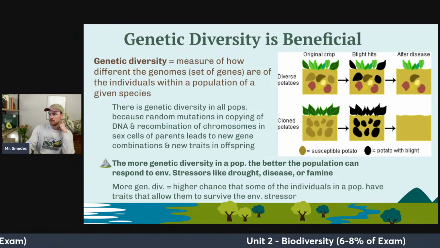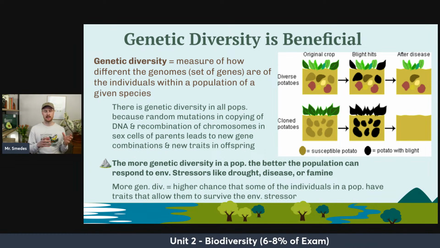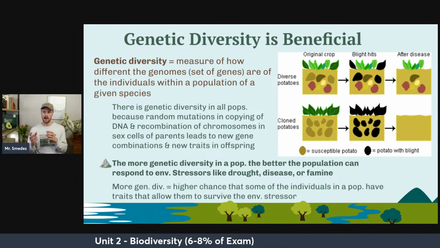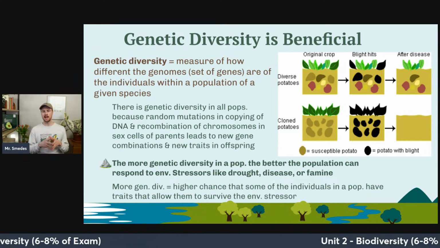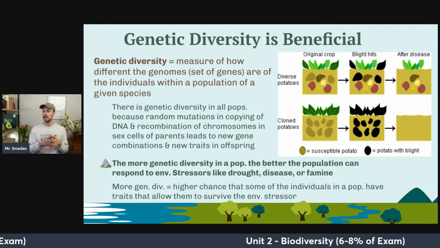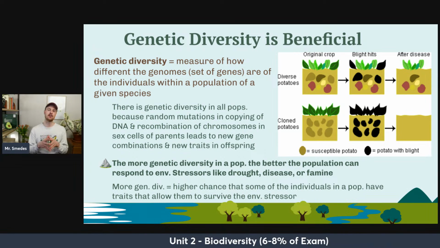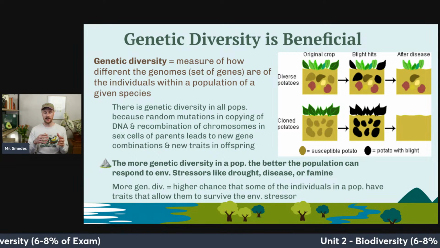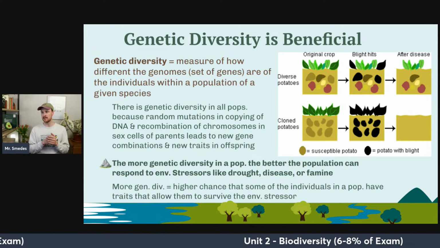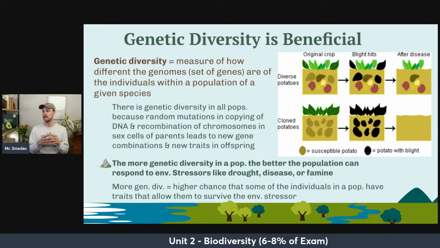Okay, this is another example. I think a lot of students know genetic diversity is good, but why? If an environmental disturbance hits, a genetically diverse population has a higher likelihood of dealing with that environmental stressor, right? And so you might have some potatoes here, for example, that are resistant to blight.